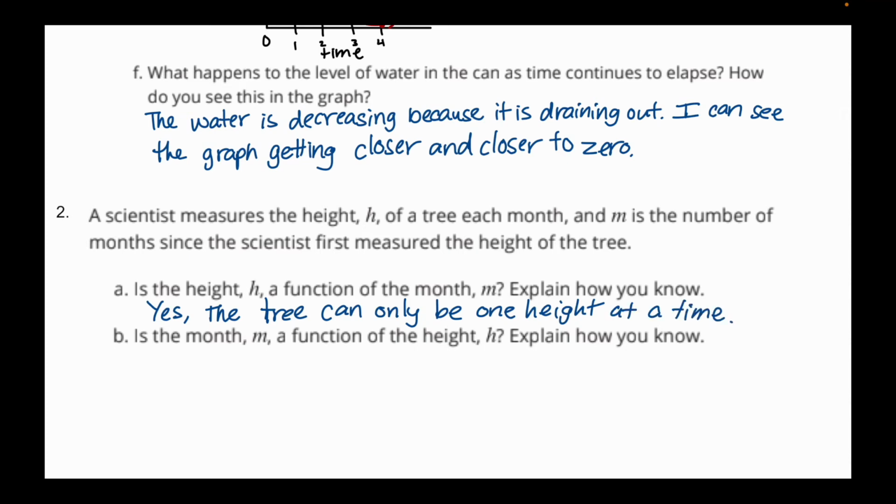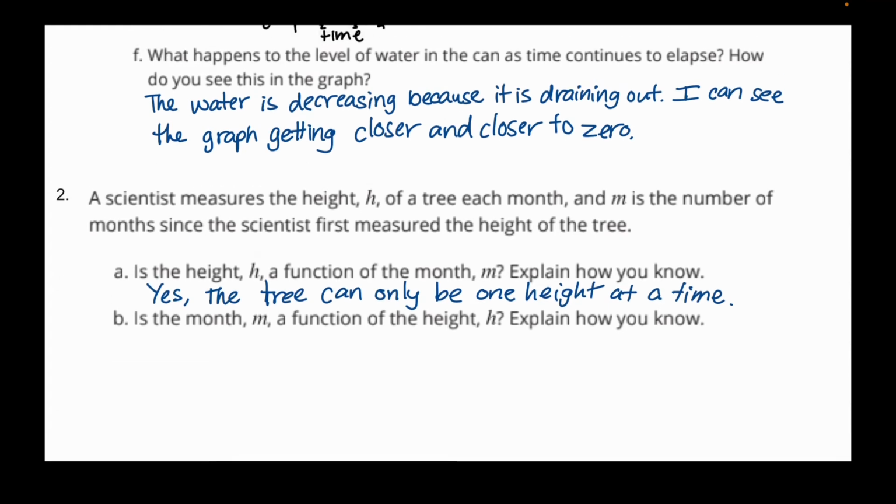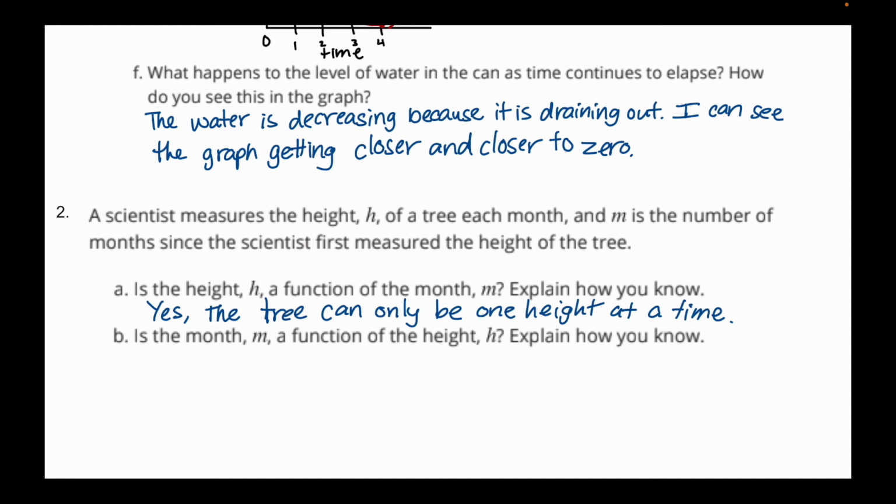Now they also want to know in the other direction. So they want to know, okay, if its height is a function of time, is the time in months potentially a function of height? And the answer to this is that it could be, but there's also a good chance that it's not. So it's very possible that this tree is the same height for 2 months in a row.